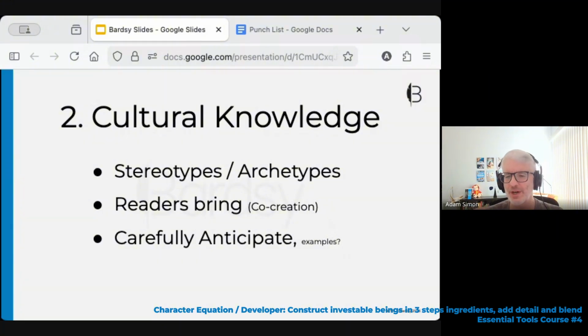This person's a warrior. This person's a trickster. This person's a healer, a mentor, right? Those are archetypes. Again, a whole flood of information from 1 or 2 words. Very efficient, right? The readers bring all this information to your character. On the other hand, you have to be careful, right? You don't want it to be just a stereotype.